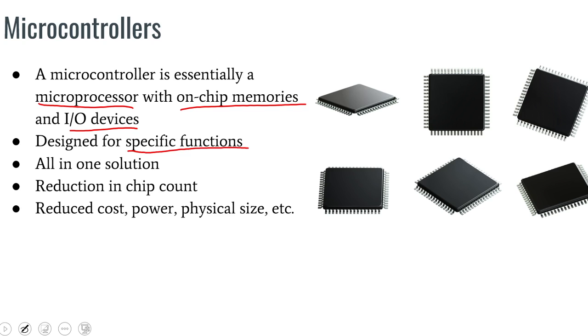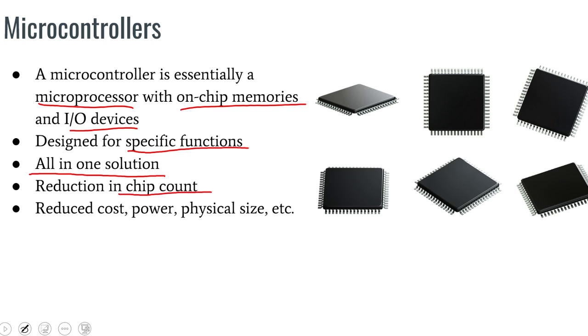But even with specific applications, the reason why we may go for microcontrollers is because if we can find a microcontroller for that specific application, then it would become an all-in-one solution. We can just use that microcontroller and we don't have to have many chips.